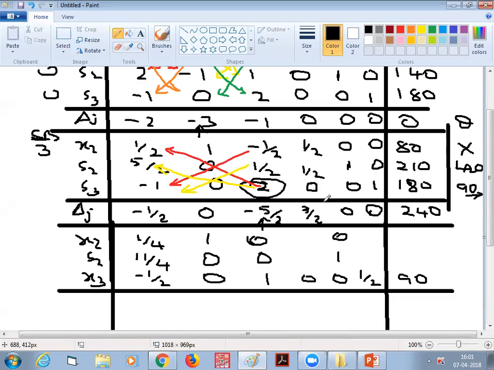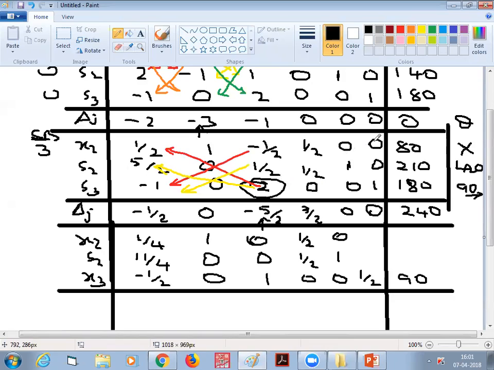Next one on this side. 2 into 1 by 2 minus half into 0. So that's 1 divided by 2 again is 1 by 2. So this doesn't change. Then 2 into 1 by 2 minus half into 0. Again, 2 into 1 by 2 is 1, divided by 2 is 1 by 2 again. So this column doesn't change also because of this 0 entry.